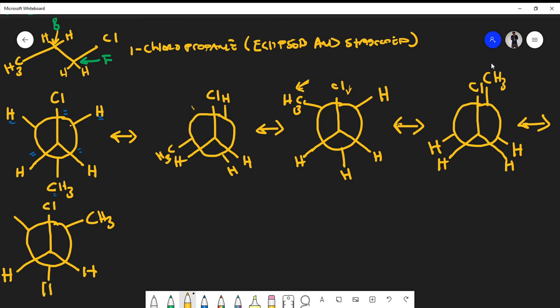My hydrogens are going to replace the CH3 that was essentially right here. So now we draw 1, 2, 3, 4, 5 structures, and the last structure we should expect to be another eclipse. So I'm going to draw my front carbon again. Chlorine is at the top, hydrogen, hydrogen.